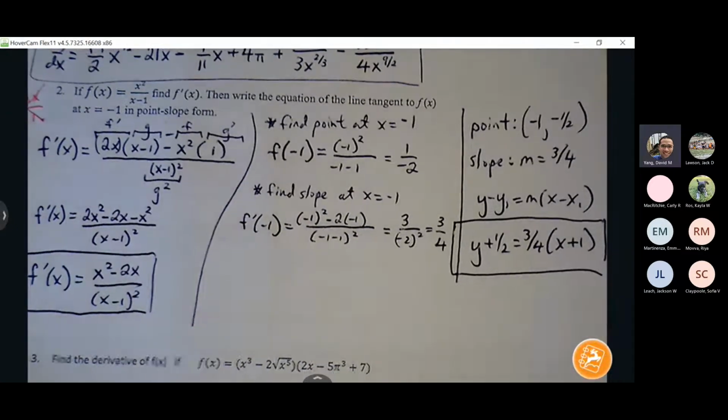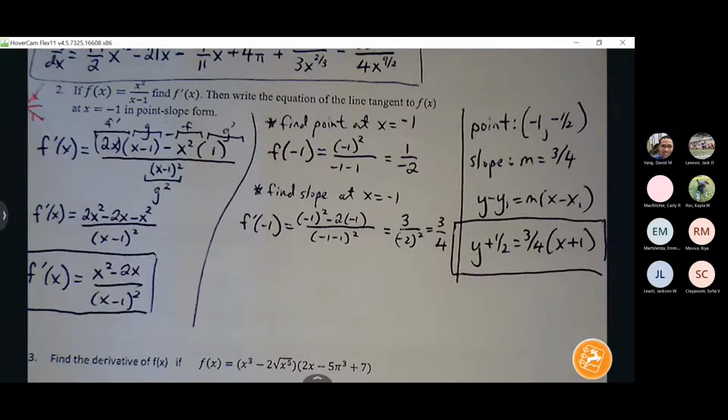Number 3. So if you look at number 3, it says find the derivative of the function. Now, look at how this is set up. We have 2 options available to us. What's one way that we can work towards finding the derivative? Power rule, right? But power rule requires having to expand everything out, which we can do, but it's more terms than just 2 binomials, right? So it'll take a little bit longer, but that's perfectly fine.